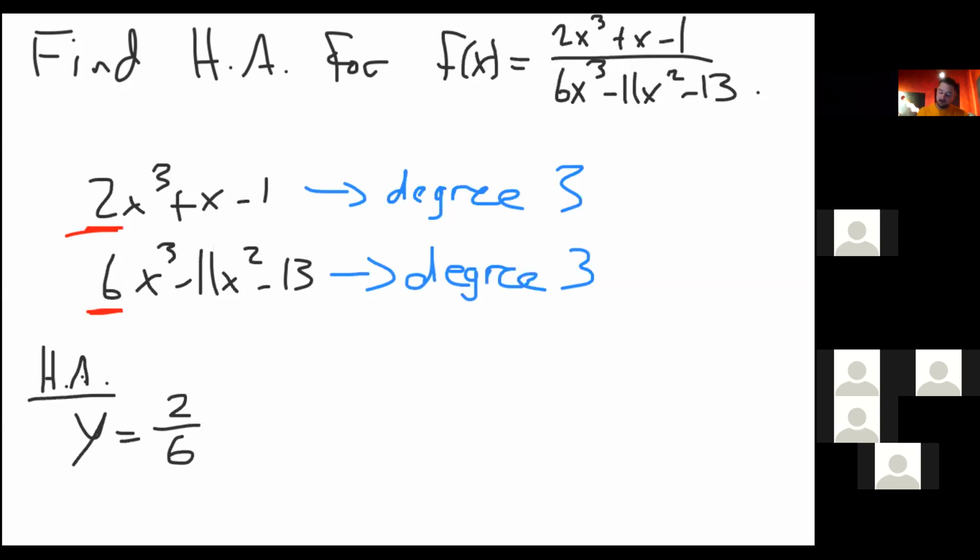If you're at 2 over 6, you're technically correct, but you can simplify it down to 1/3. So this function will have a horizontal asymptote at 1/3. If you graph this, as your x values get larger, going to the right on the x-axis, and as they go far to the left on the x-axis, both of these are going to approach this value of 1/3.